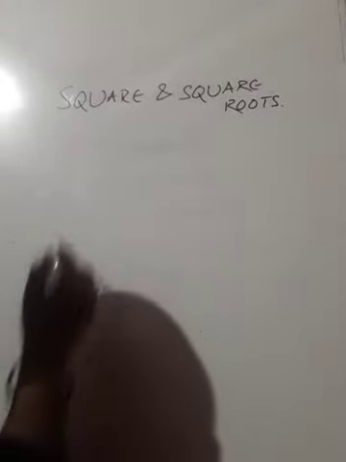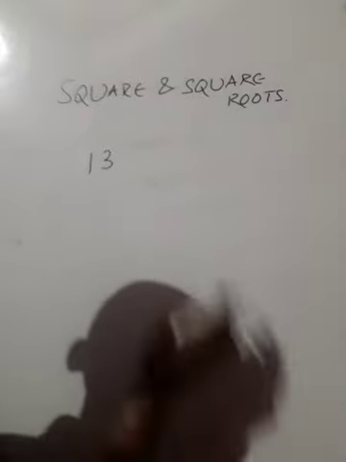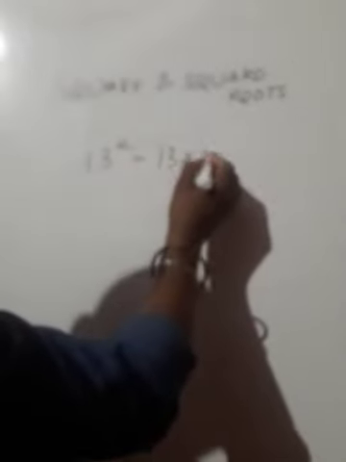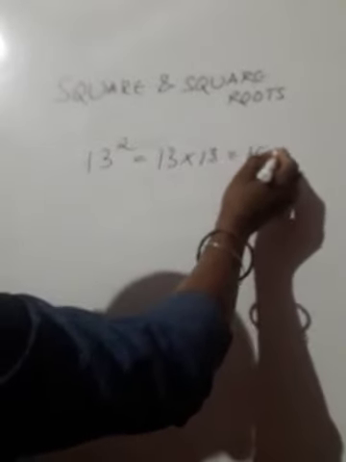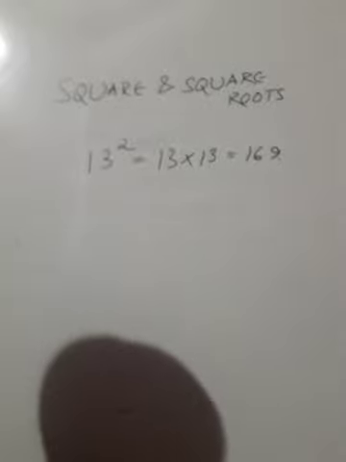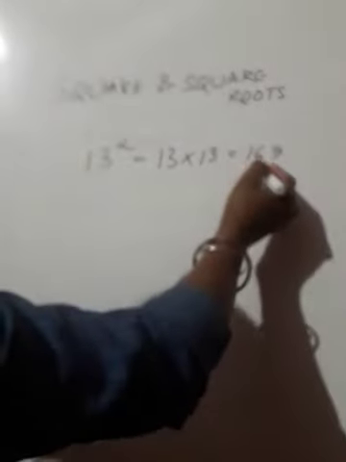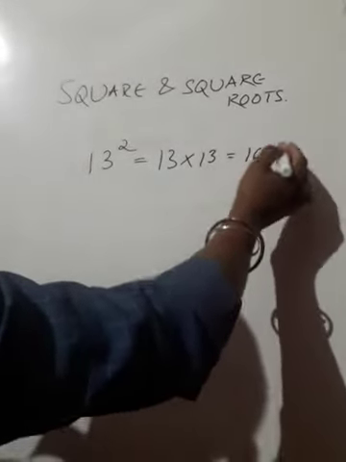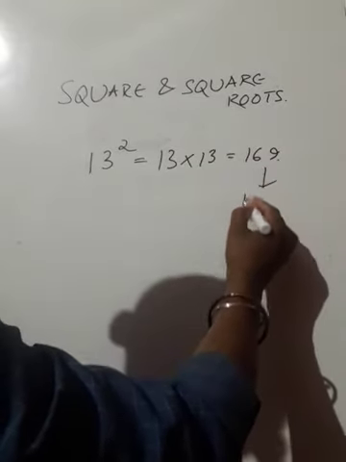So now, let me take another number. 13 square. That means it becomes 13 into 13. It becomes 169. This one is a perfect square, as you know.